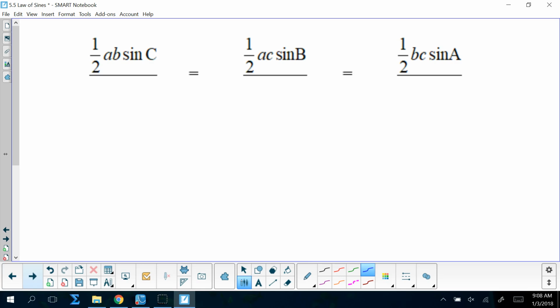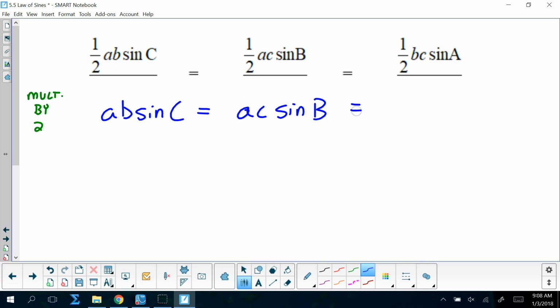Okay, so first off, let's multiply by 2. If I multiply by 2, I'm left with AB sine of C equals AC sine of B equals BC sine of A.